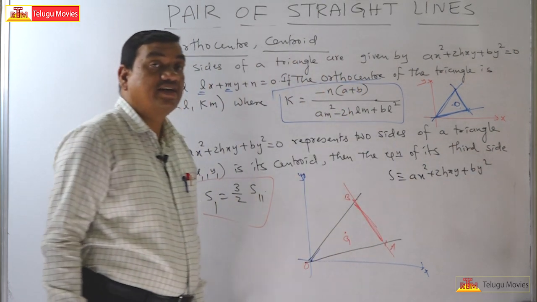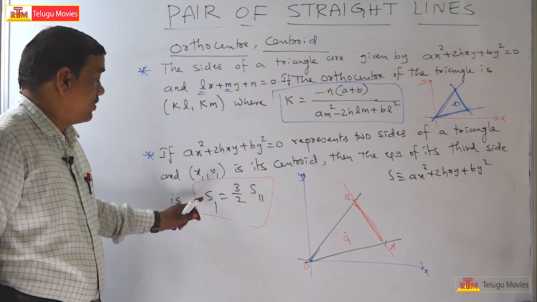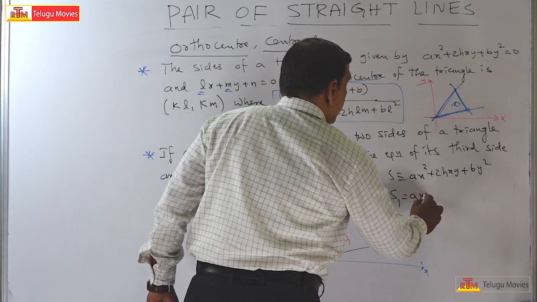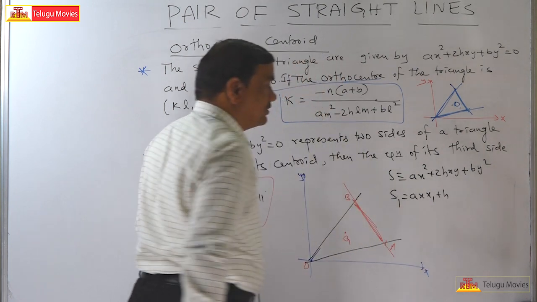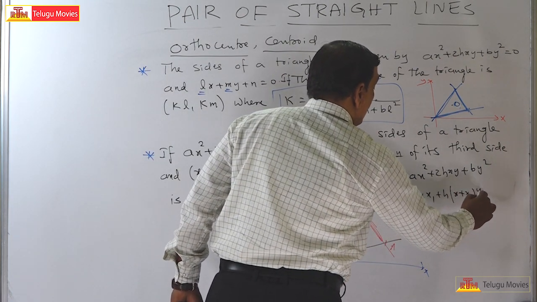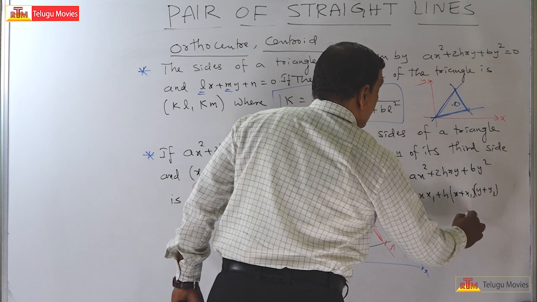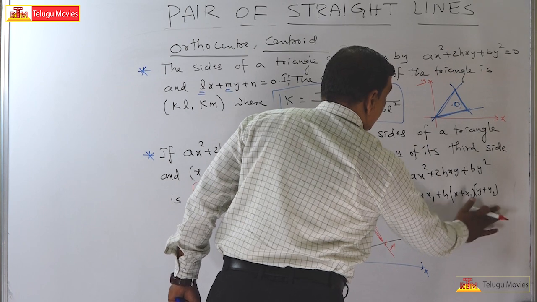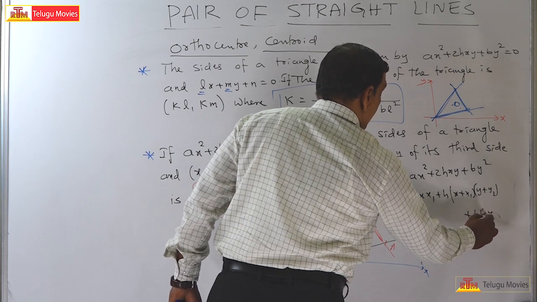If S is equal to ax square plus 2hxy plus by square, then S1 is given as a x x1 plus h times (x y1 plus x1 y) plus b y y1.